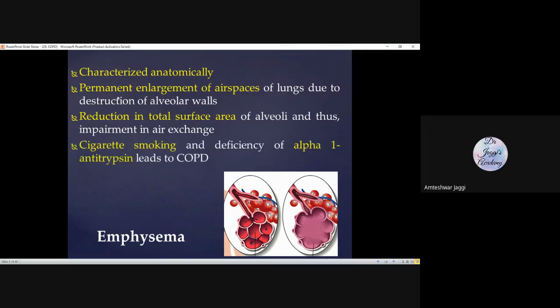And these are the two important reasons that I told: cigarette smoking and alpha-1 antitrypsin. Alpha-1 antitrypsin is actually important for emphysema. Cigarette smoking is for COPD in general, including emphysema, but antitrypsin is specifically for emphysema.